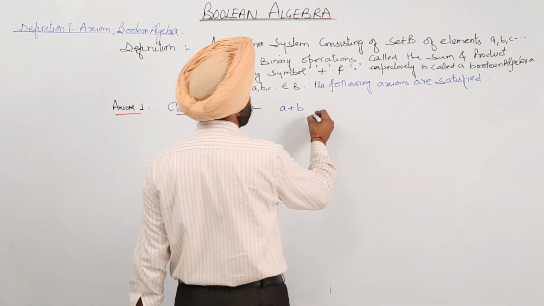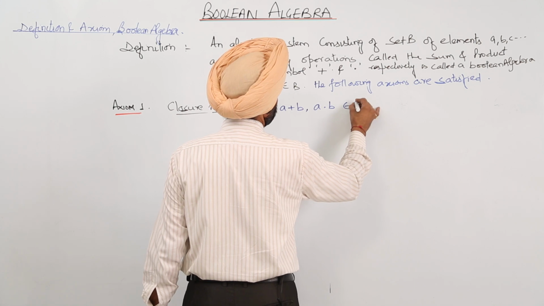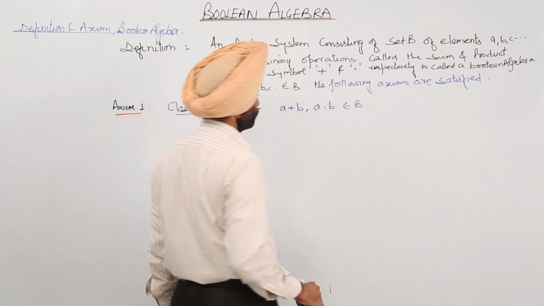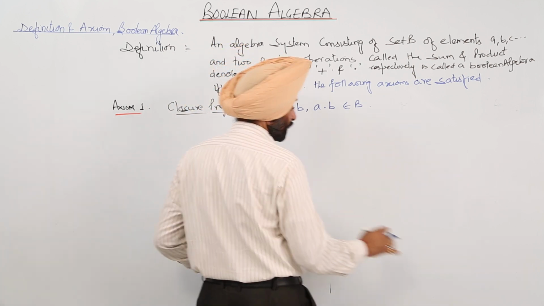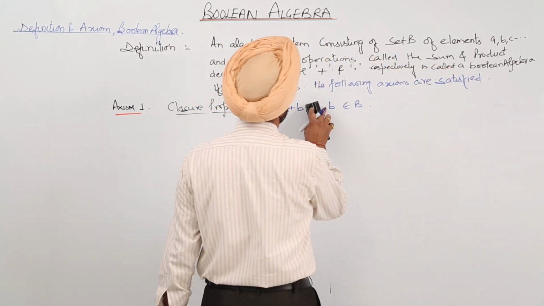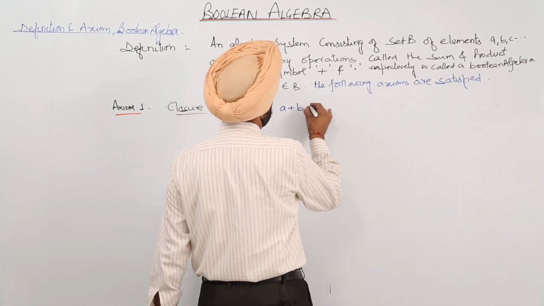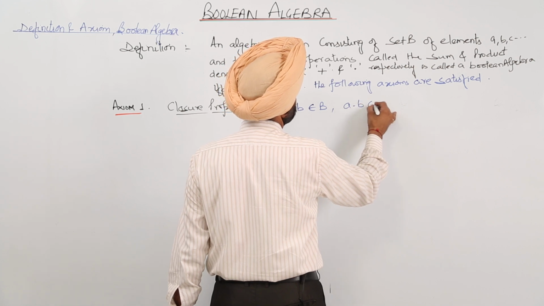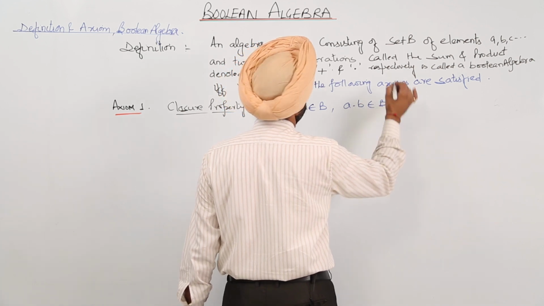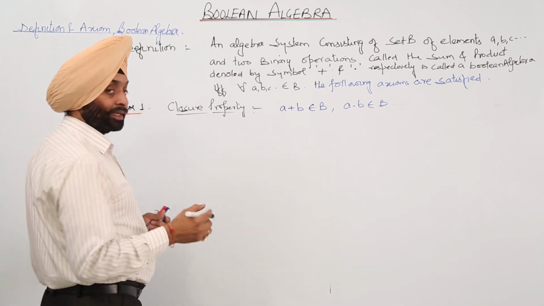So, A plus B or A dot B both belong to B. Is it clear? Or if you wish you can write it: A plus B belongs to set B and A dot B belongs to set B, one and the same thing. So, this was the closure property, or axiom 1.